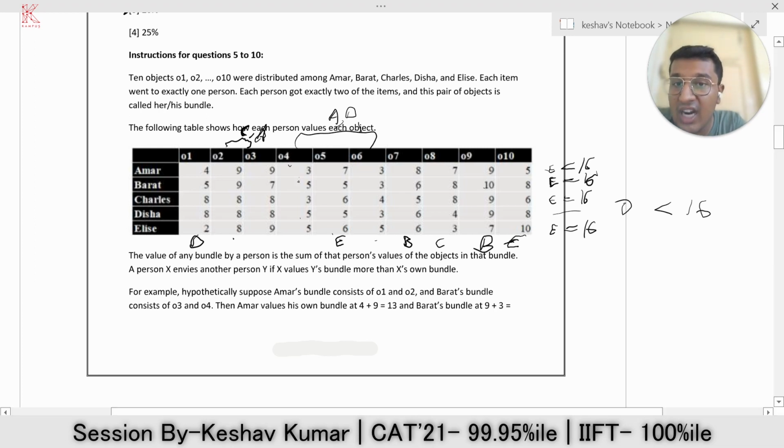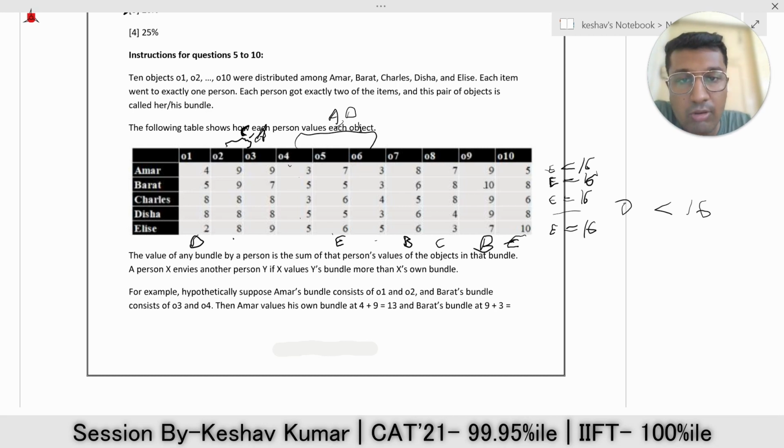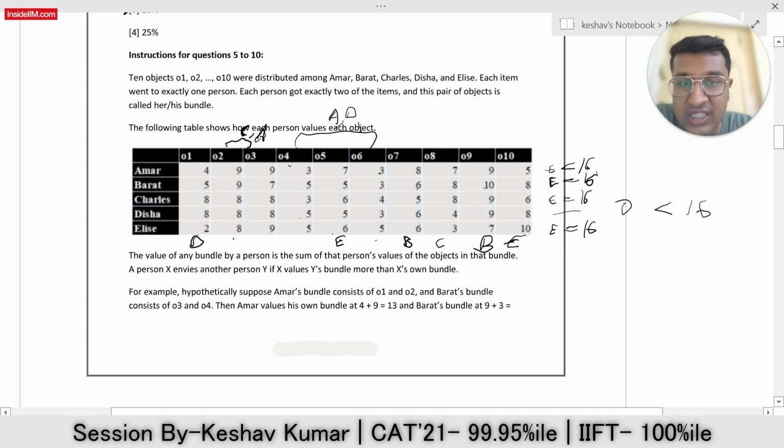So A can't get O4, otherwise that will be opposite to the fact we are given. Alright. And if A gets O6, the value of the bundle to A will be 12, and the value of that same bundle to D will be 3 plus 8, 11. So A can get O6, and A must get O6. Alright. So the other bundle will naturally go to D.